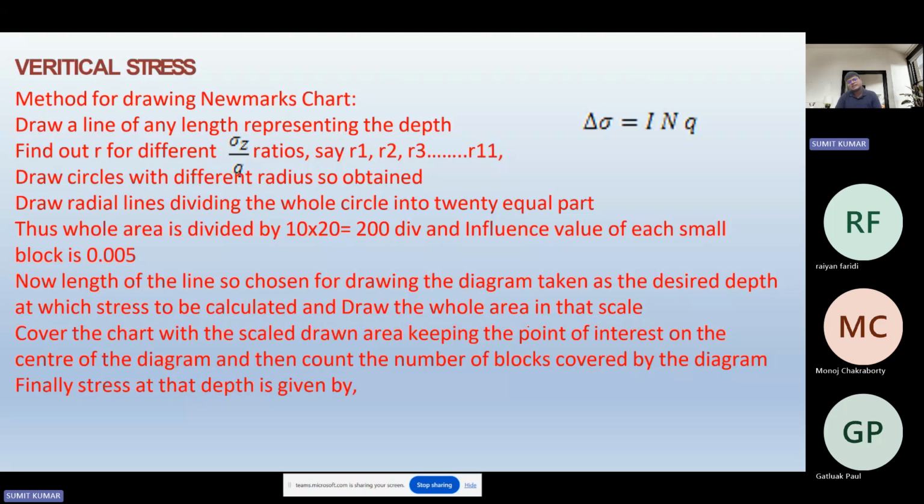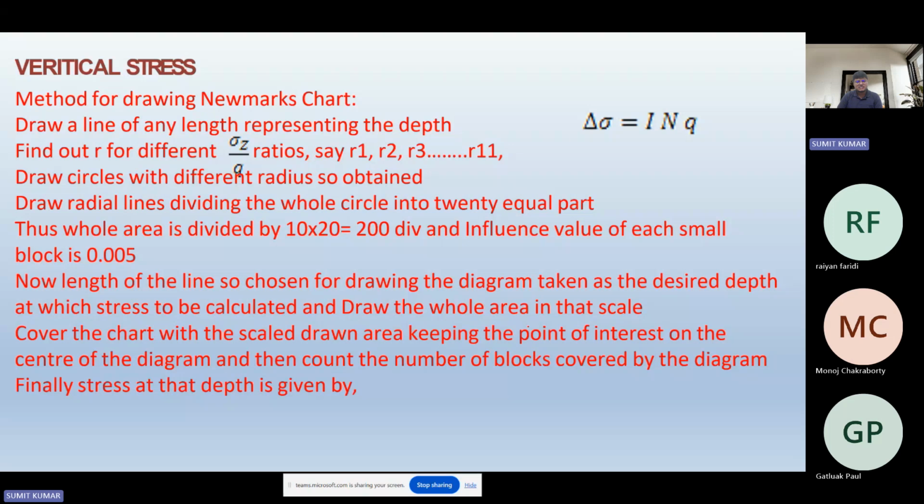And delta sigma is going to be I into n into q. Now draw circles with the different radii. Then draw radius lines dividing the whole circle into 20 equal parts. So the whole area gets divided into 10 into 20 equal to 200 divisions, and the influence value of each small block is 0.005.